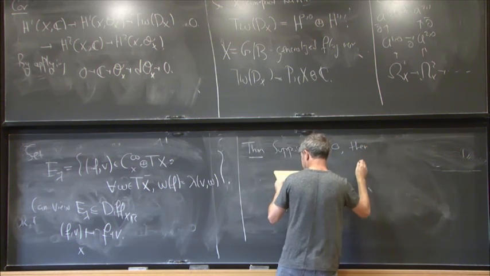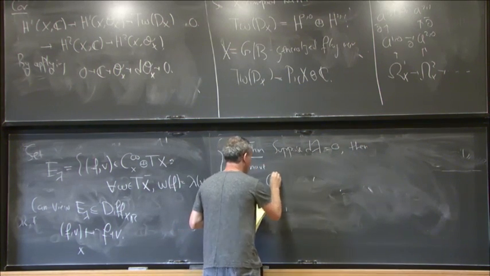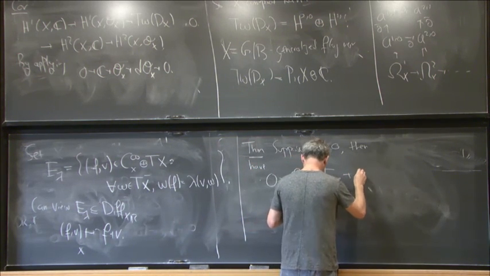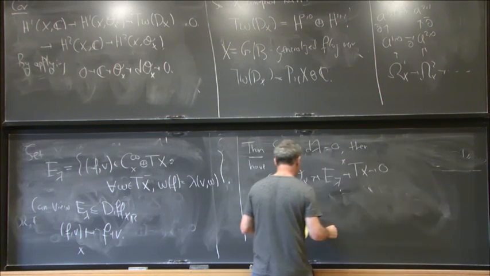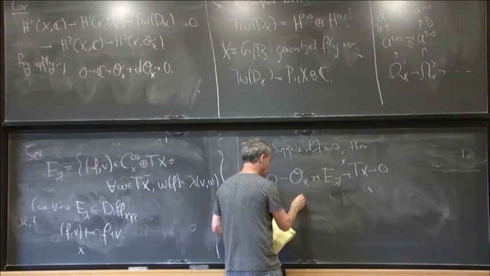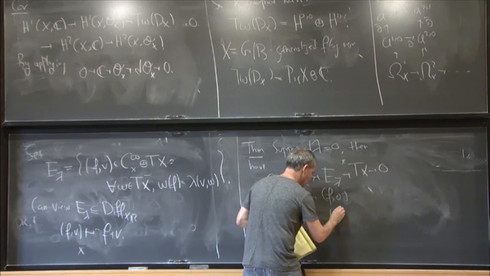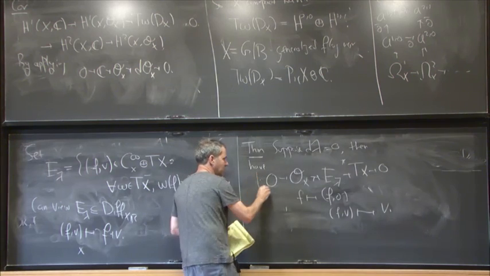Then you have 0 goes to OX, goes to E lambda, goes to TX, goes to 0, where this map sends f to f, 0, and this map sends f, v to just v. And that's an exact sequence.